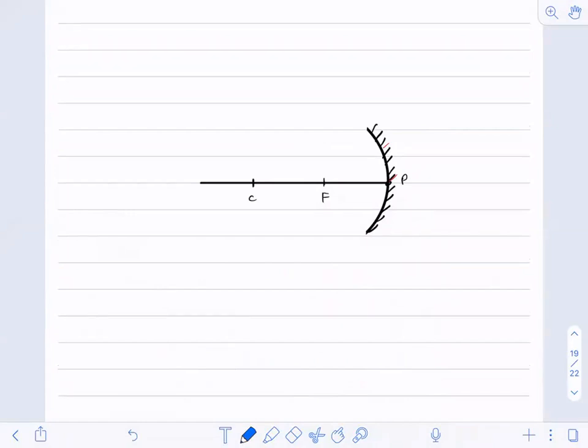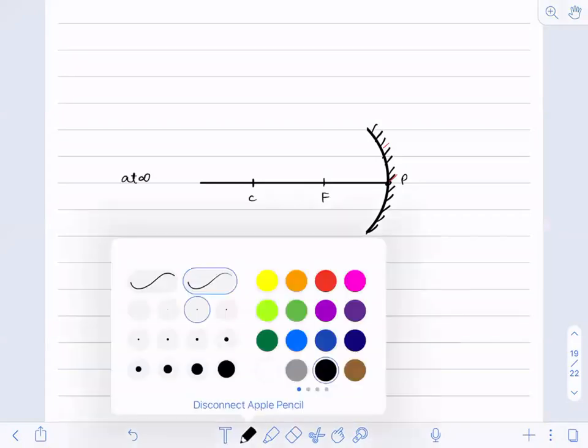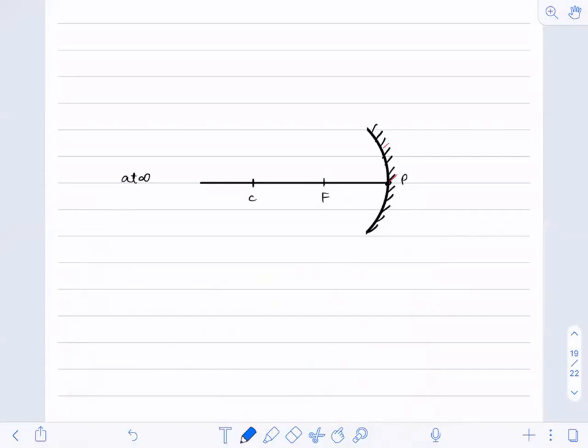One place is at infinity also. First, I can keep my object at infinity. Second, I can keep my object between C and infinity.